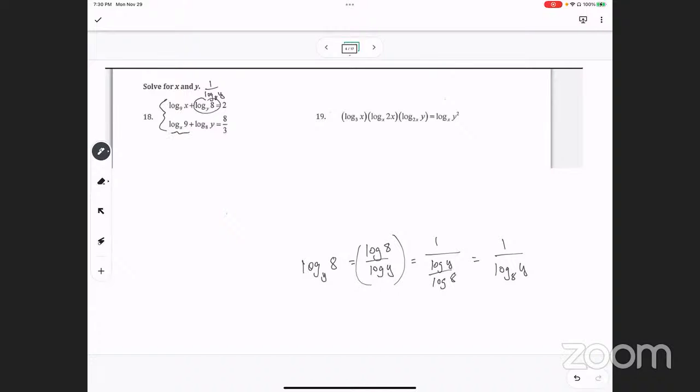I could rewrite that as 1 over log base 9 of x. You follow what I'm doing here? Yeah, I see what you're doing. And that might allow me to get, because my goal here is to be able to essentially eliminate or substitute in for something.